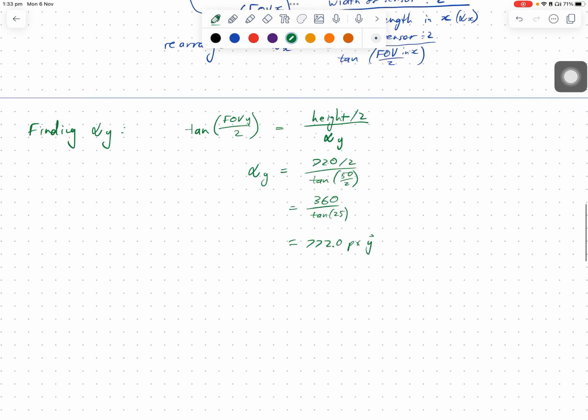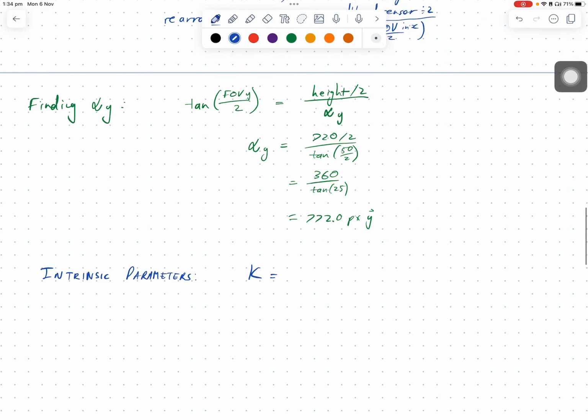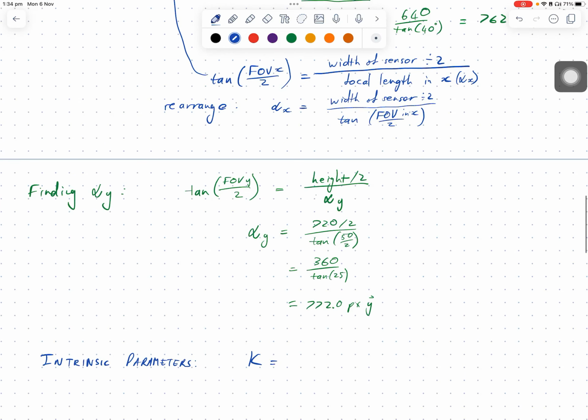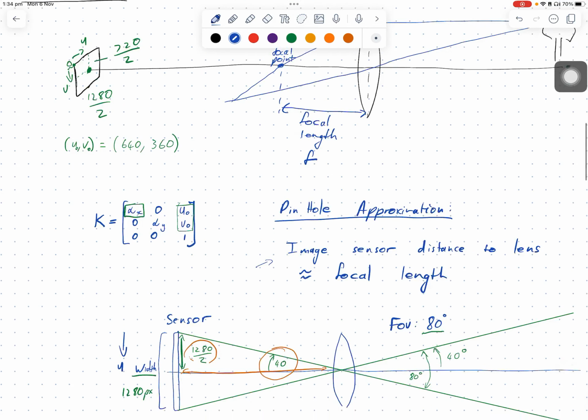Okay, so that tells us all of the things we need to report K. So our intrinsic parameters are going to be K equals, rounding to the nearest pixel, 763 for alpha X, and for alpha Y we've got 772, then 0, 0, and then u naught was 640 and v naught was 360.